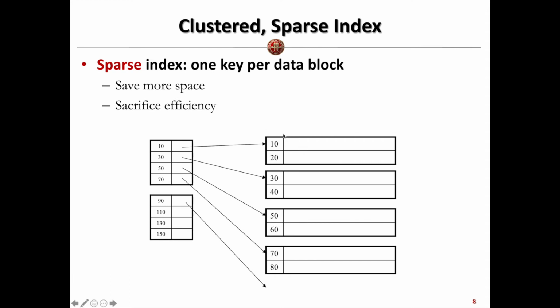So given the data tuples, we have 10, 20, 30 to 80. However, we have an index entry for 10, for 30, 50, 70. We don't have the index entry for 20, 40, 60, 80. Right? However, these records as well as the index table are still sorted.